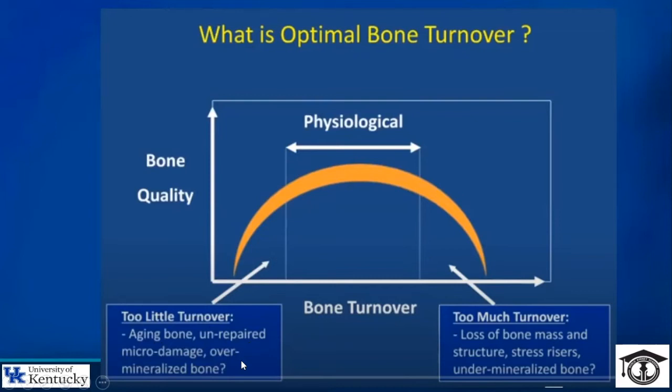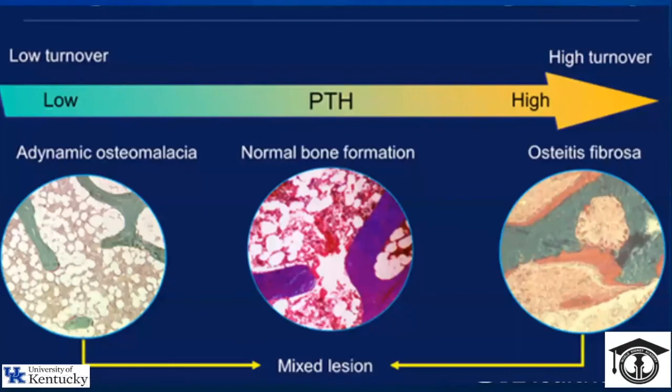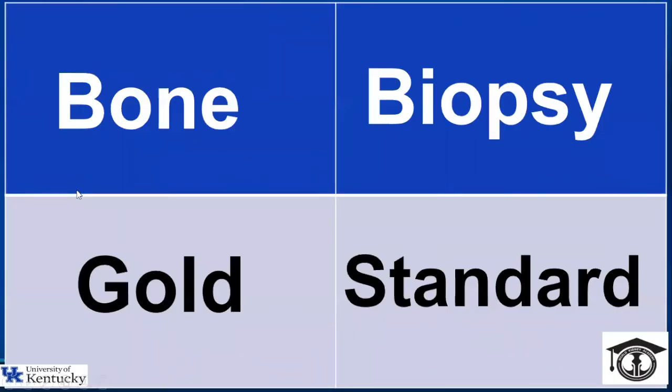It's old bone, it's over-mineralized, okay? On the other hand, if there is high turnover bone disease, there will be loss of bone mass and structure, stress risers, and under-mineralized bone. So it's very hard to see normal bone formation and bone turnover in CKD patients, but they have either what we call osteitis fibrosa cystica or adynamic bone disease.